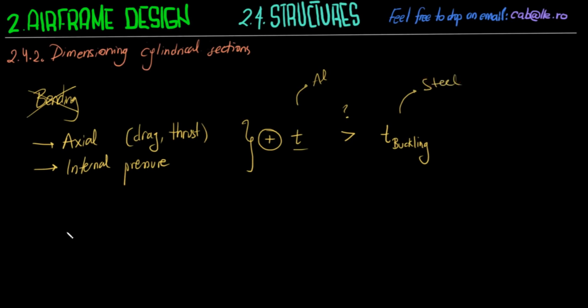Okay, to withstand an internal pressure, we're going to need a thickness equal to the maximum pressure we expect to have inside the rocket, times the radius of the rocket, over, let's put the yield strength of the material.